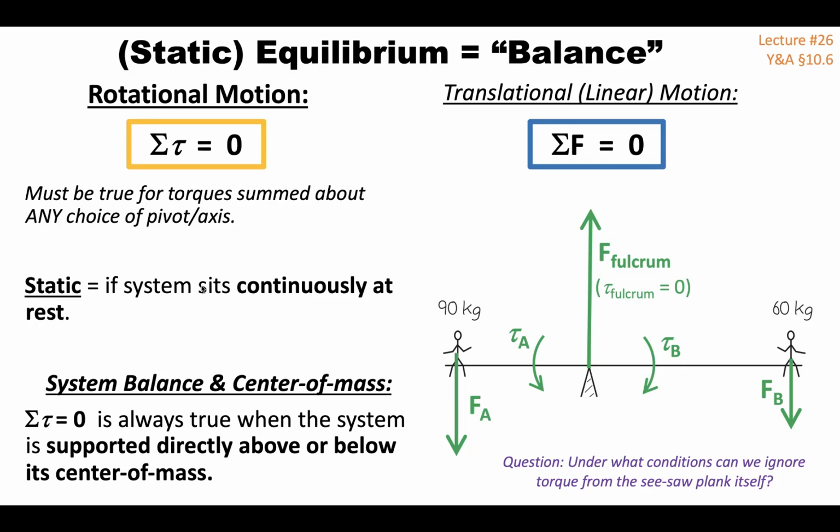So if the object or objects, the whole system of objects that we're interested in, if nothing is moving and it continues to stay at rest over time, then we call that specifically static equilibrium. Otherwise, just generically, the term equilibrium just means a situation where the net force is equal to zero, but the object could perhaps be in motion at a constant velocity.